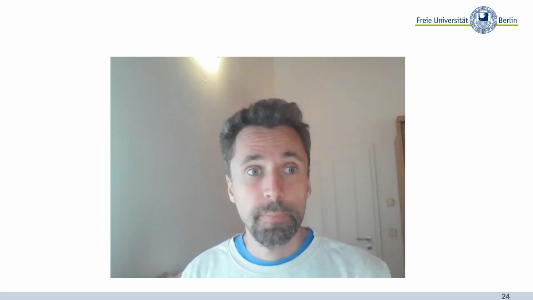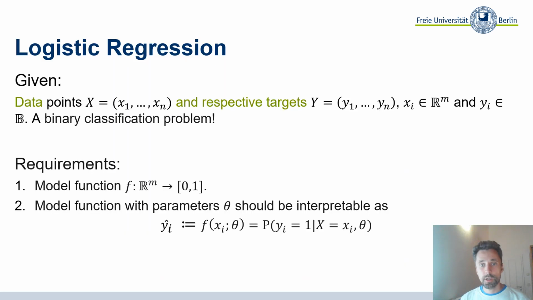Let's have a look. So in logistic regression, we again are given our data set X with our n samples from m-dimensional vector space, but now we do have our labels given as binary values. So they're either 0 or 1. So we call this a binary classification problem.